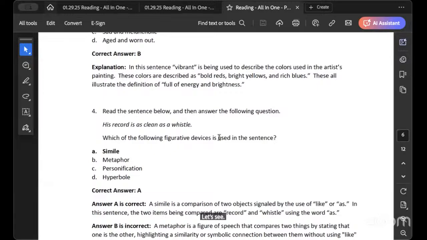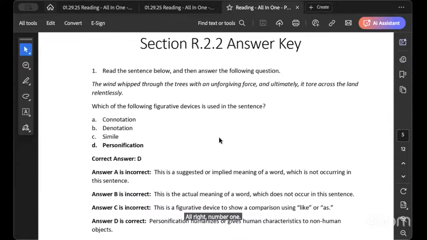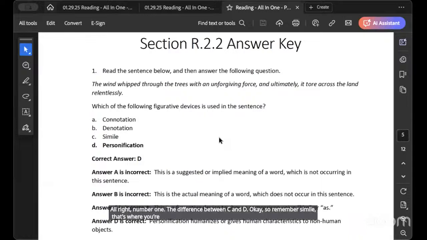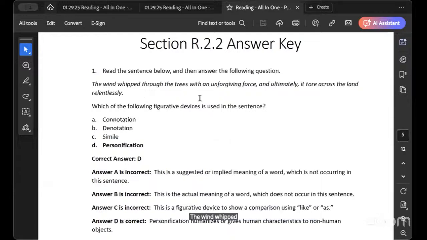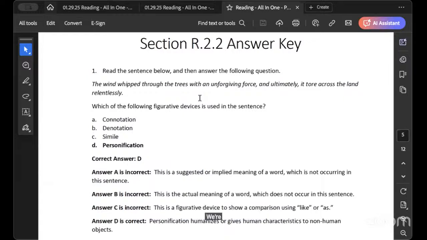Number one, let me go back up. All right, number one, the difference between C and D. Remember, simile is where you're showing a comparison. The wind whipped through the trees with an unforgiving force, and ultimately it tore across the land relentlessly. We're not making a comparison of the wind to something else.